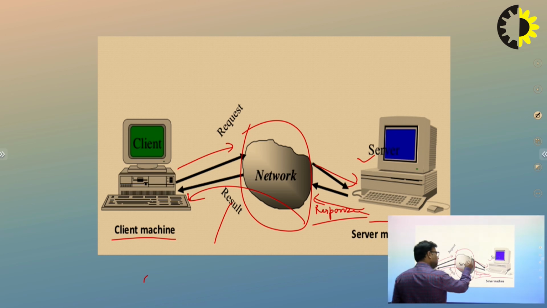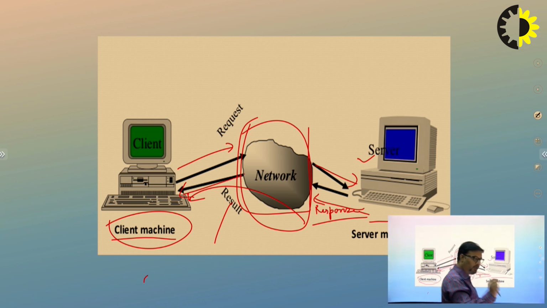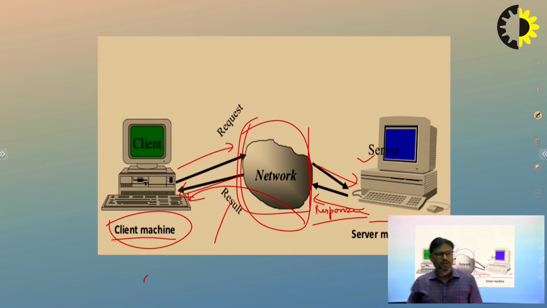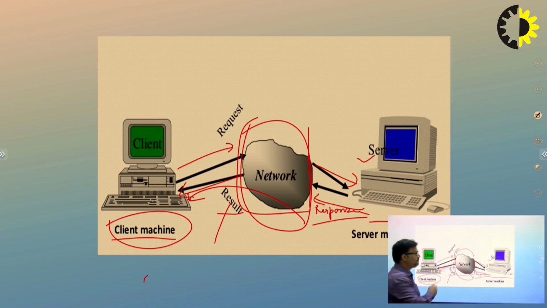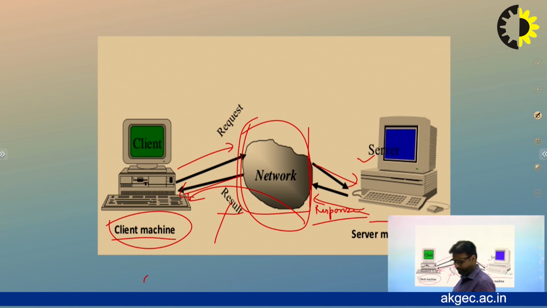Then this response goes through the network and reaches the client machine. The client wants to ask a question of the server, and the server sends the response to the client in the form of a result. This give and take process is called client and server architecture. Got it?